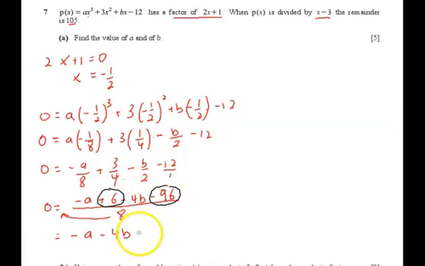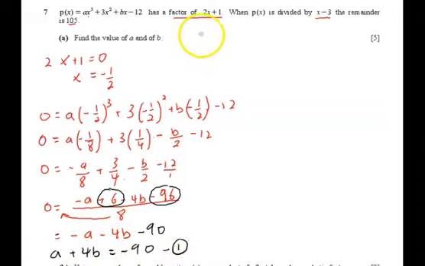So here we'll be getting minus 90, and we can simplify this by moving to the opposite side. So you'll be getting a plus 4b equals negative 90. Okay, this is your first equation.